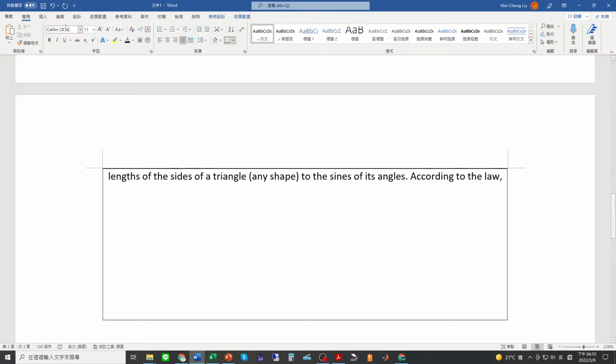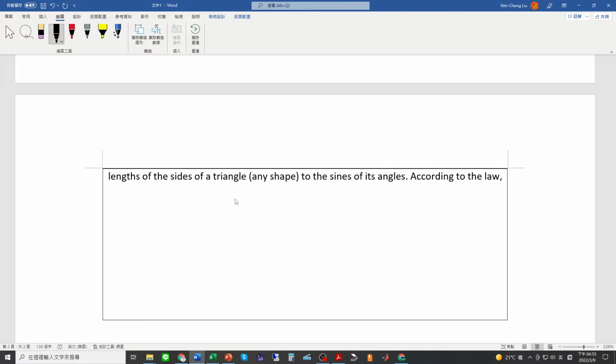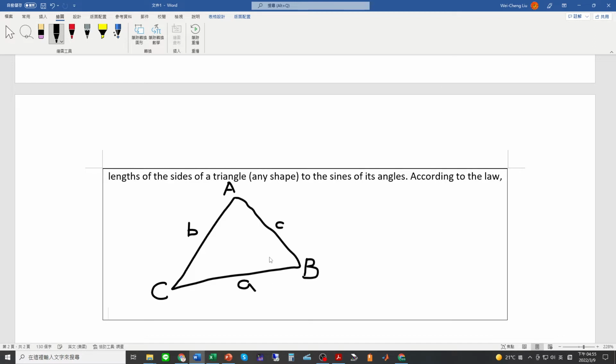Then according to the law, this is a triangle, capital ABC.